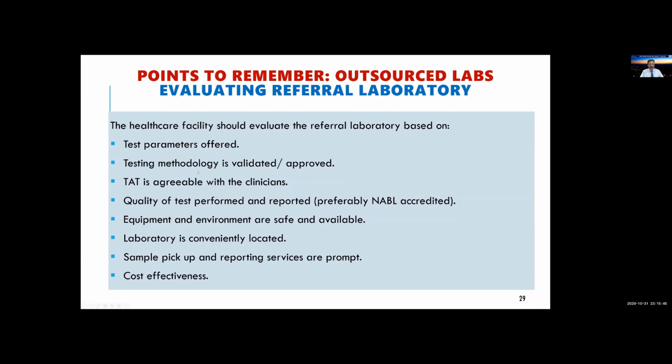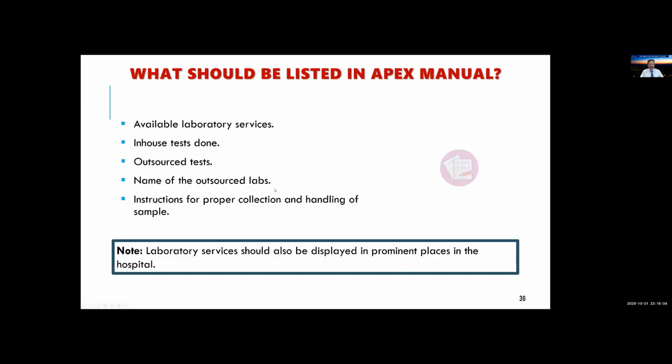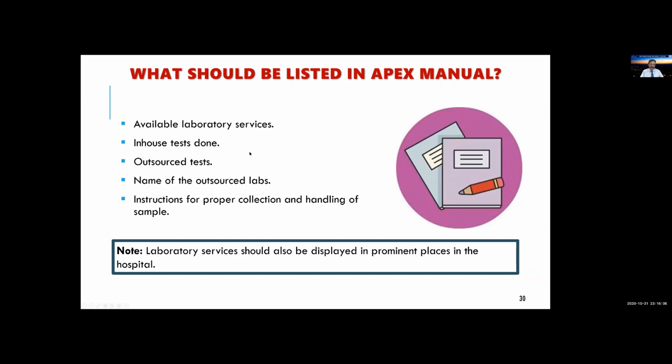See to it that the test methodology is validated or approved, and the TAT, the turnaround time, is agreeable with the clinicians. And you also need to visit those outsourced labs and see whether the equipment and environment are safe and available, and sample pickup and reporting services are prompt. And you can also ensure cost effectiveness for the benefit of the patients. So what should be listed in the Apex manual about the lab?